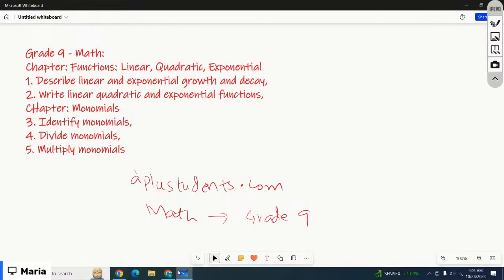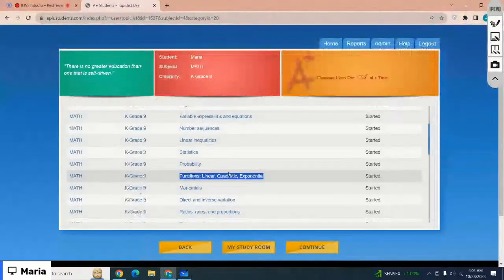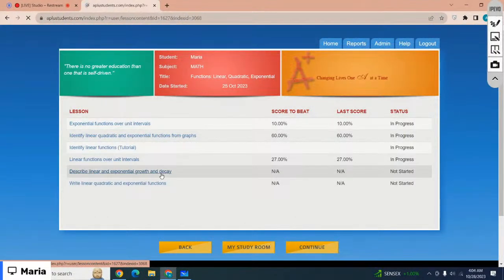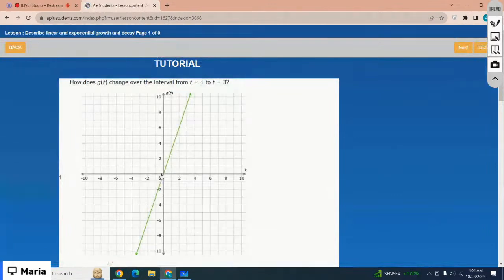Let's start with the lesson describe linear and exponential growth and decay. How does g of t change over the time interval from t equals 1 to t equals 3, right?